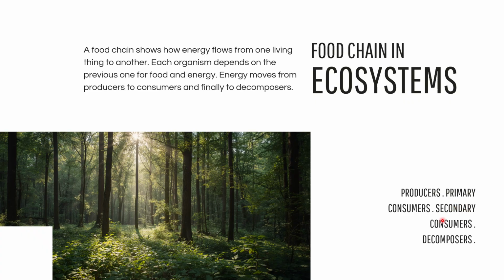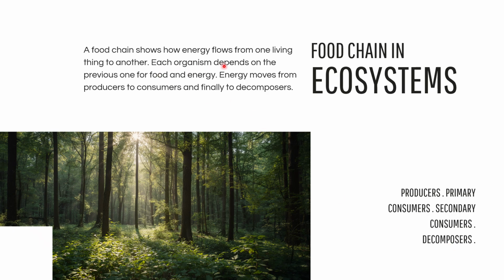Then the secondary consumers consist of the carnivores, which are lion, leopard, or any kind of carnivore. And then we have the decomposers, which are fungi, or they act as saprophytes. Saprophytes means they feed on rotten material or the rotten carcasses of jungle animals.